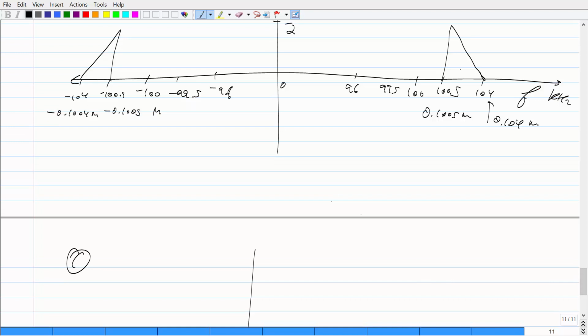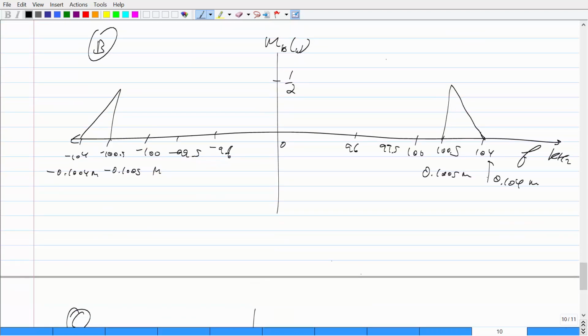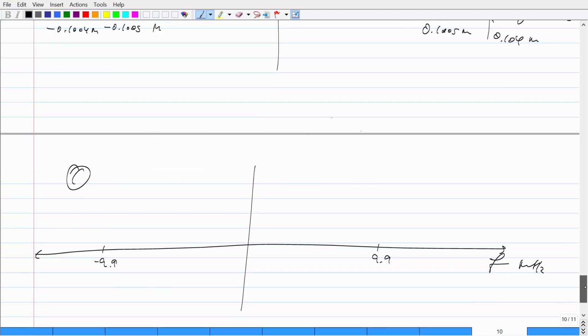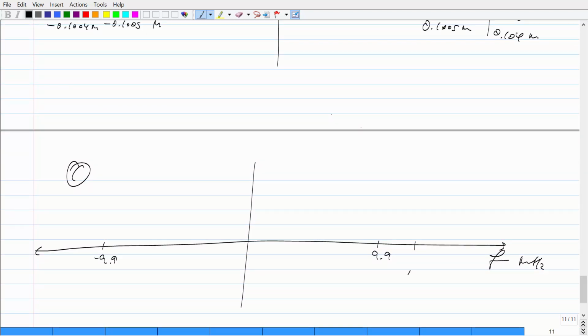At 9.9, that's the center, and then this here is 9.9 plus 0.1005, which is 10.0005.